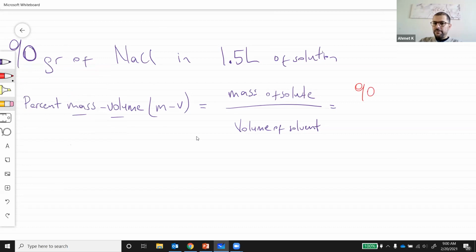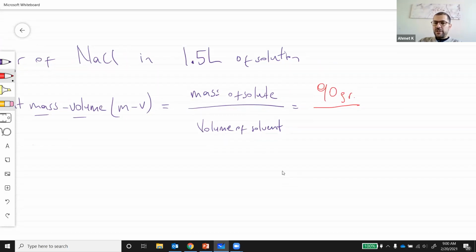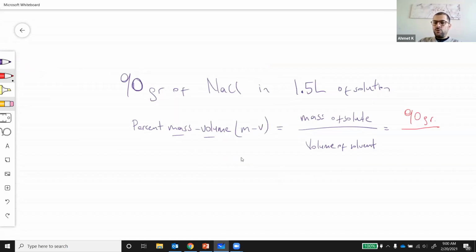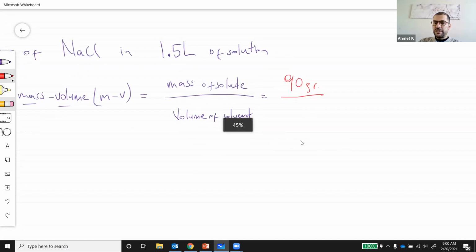So 90 grams of sodium chloride, divided by volume. The trick is you wouldn't want to put 1.5 here, otherwise you're going to get a very high percentage, more than 100%. Therefore, you need to convert the volume of solvent to milliliters.